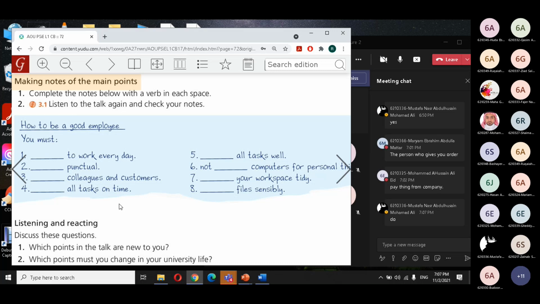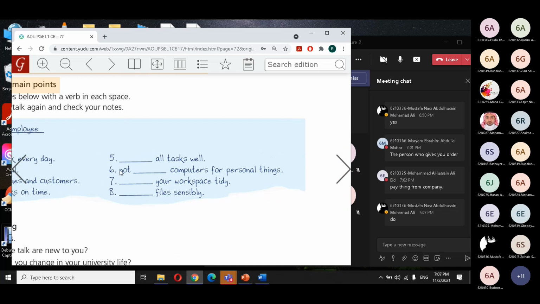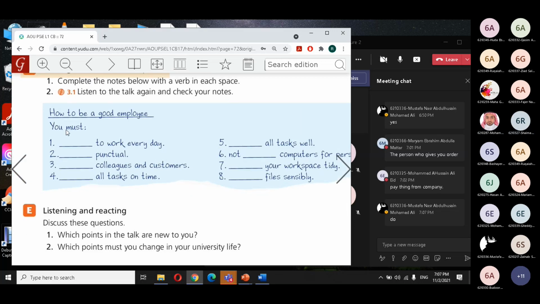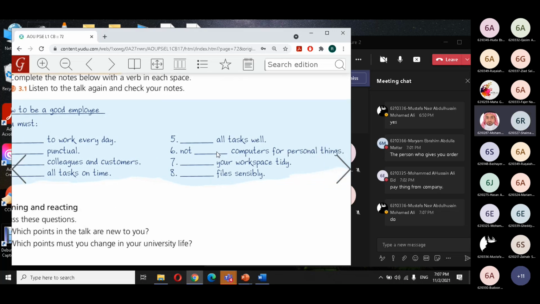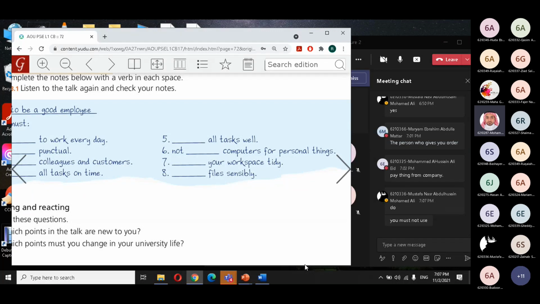Number 6, you must not. Don't. Use. We said all of them start with "you must", so here "you must not" use computer for personal things. Number 7, you must your workspace tidy. Keep. Excellent.